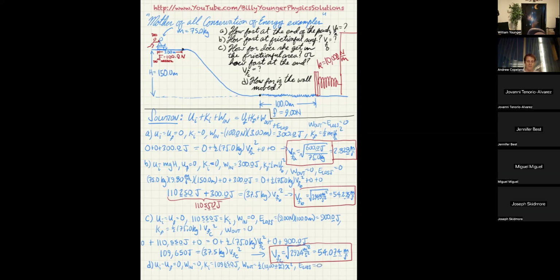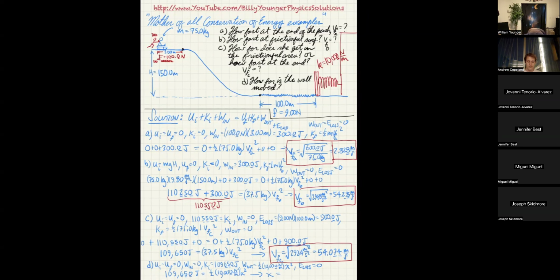So the E loss is going to be 0 here. So really all I have is 109,650 joules is equal to 1/2 of 10,000 newtons per meter times x squared. And that's going to give me x is equal to some god awfully big, like 6 or 7 meters probably.